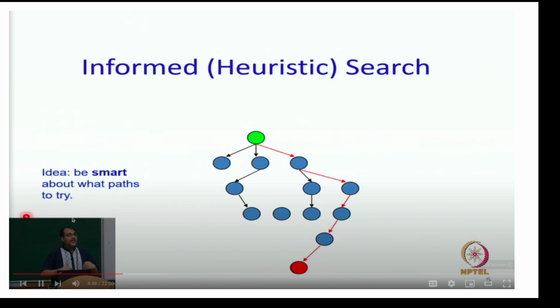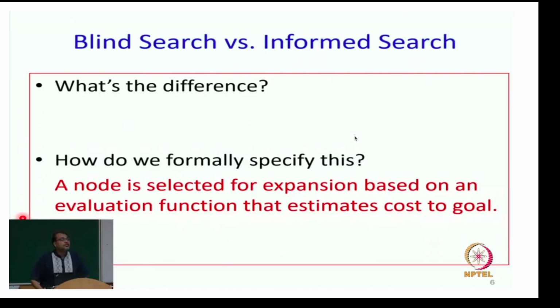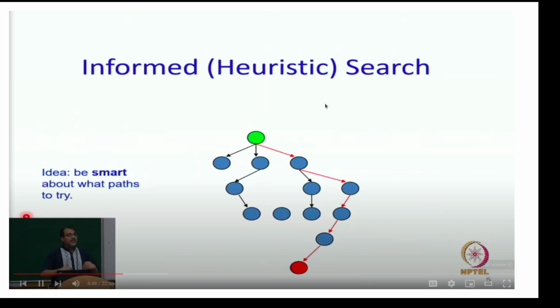For example, this is the green node, the start node, and you want to go to the red node, which is the goal node. How will you go? What options do we have? We have to expand either n1, n2, or n3 first. But you can see in the n3 branch we can see the solution, but how do we encode that information for a computer?